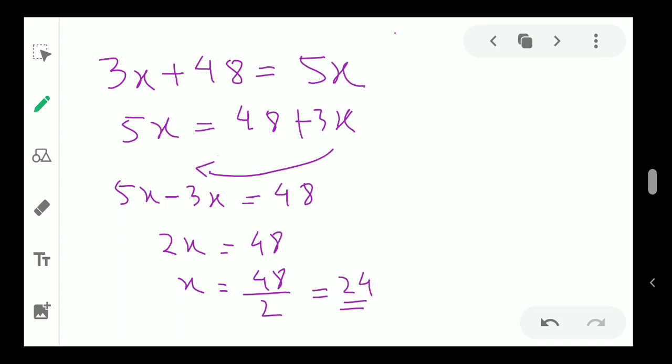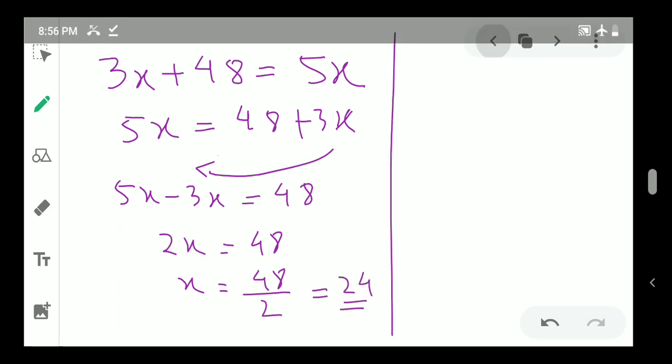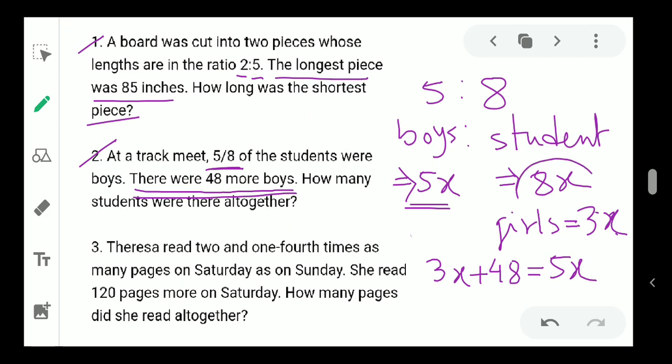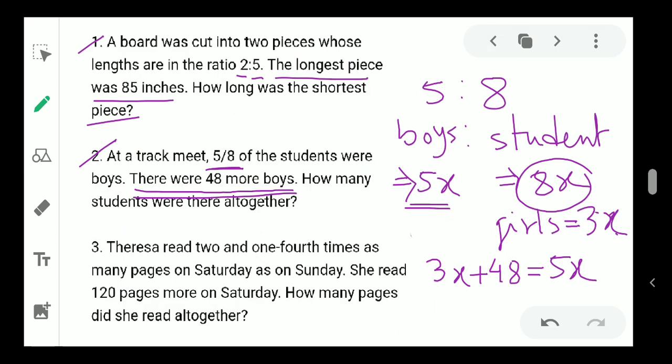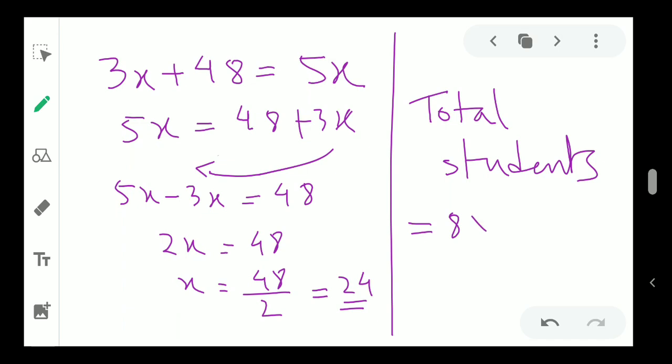That means my value of x is 24, right? And my total students is 8x, so the number of total students is actually 8 into 24.